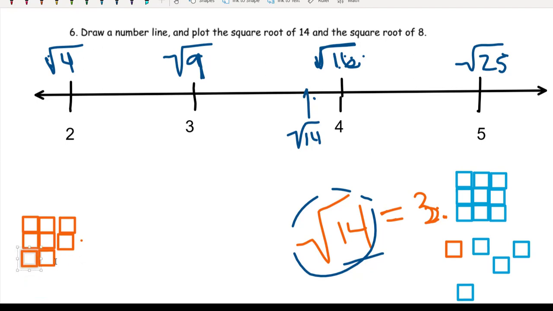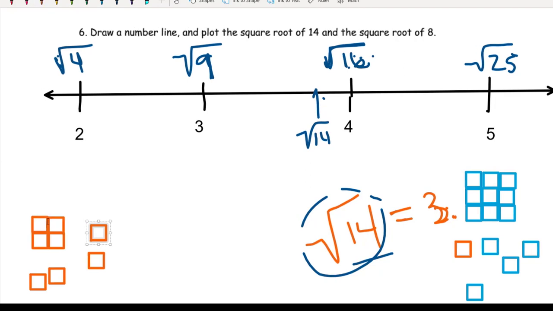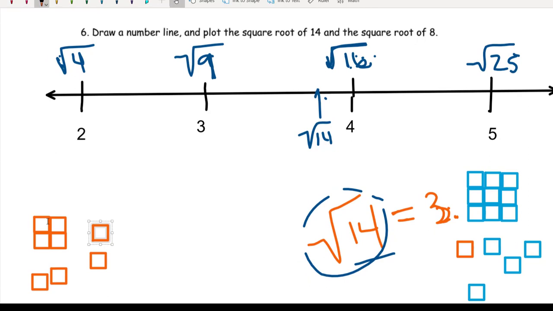I'm just missing this one right here, but I don't have it, so 8 is not a perfect square. So I'm going to take these and put them to the side. Looking at this perfect square, what is the length of one side? What is the square root of 4? If you answered the square root of 4 is 2, you are correct.